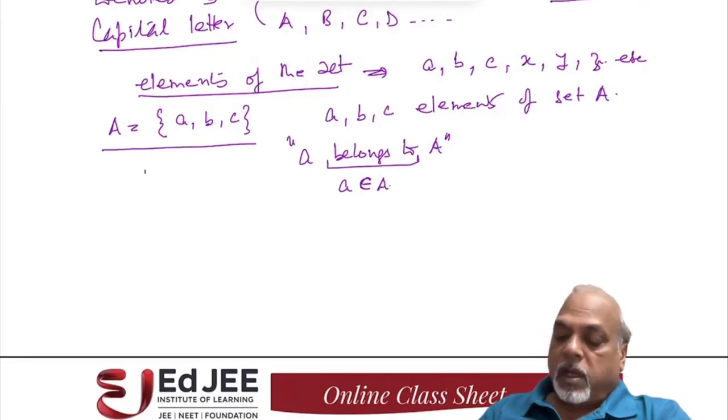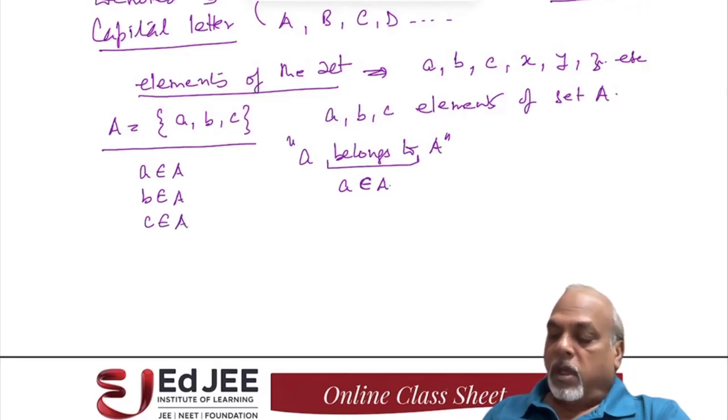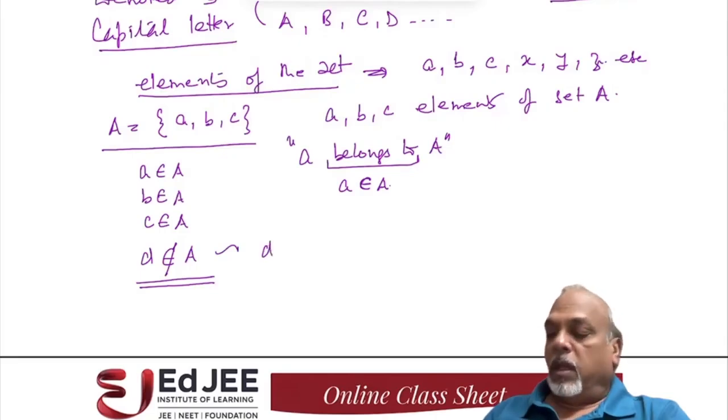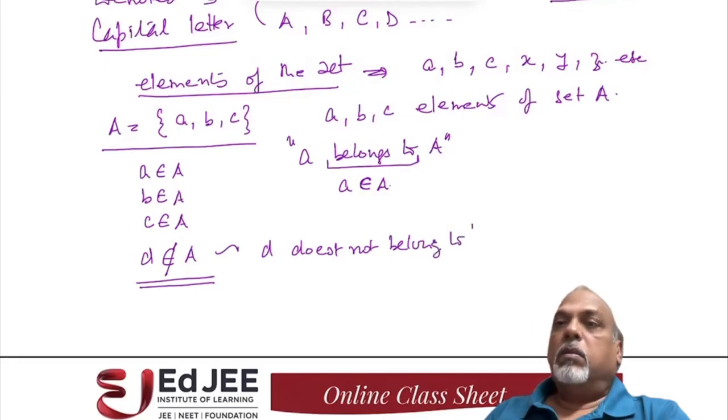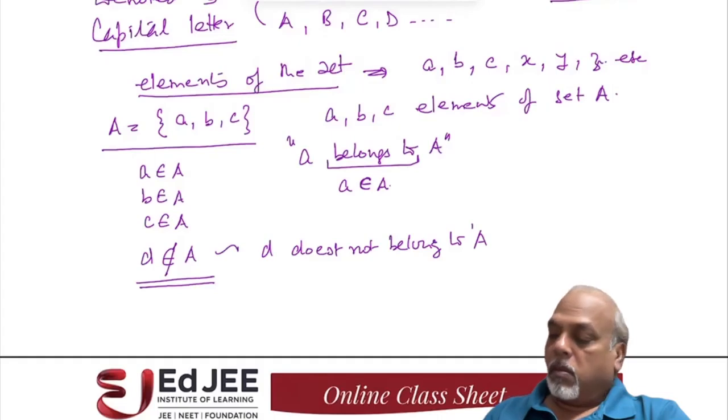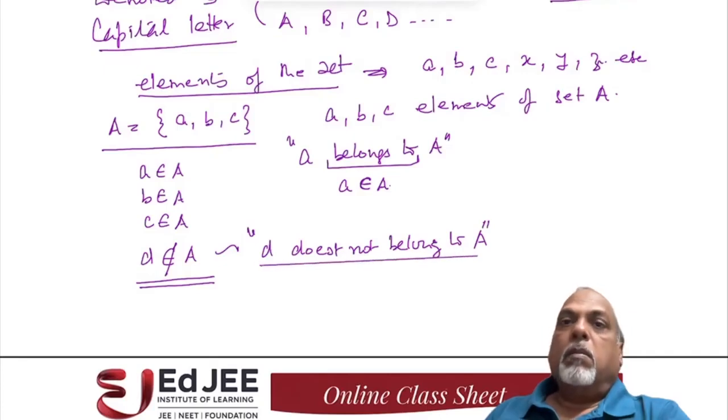Here in this case, a belongs to A, b belongs to A, c belongs to A. But suppose we say d does not belong to A. This is shown like this: d does not belong to A. Correct?